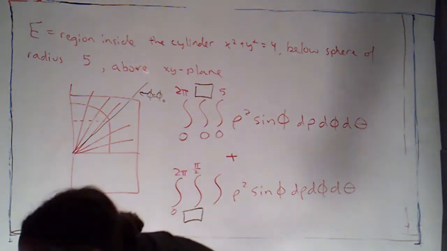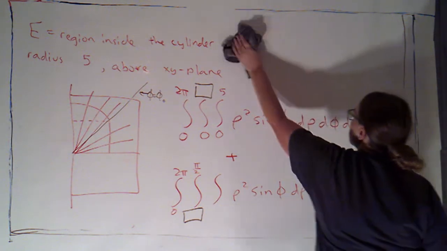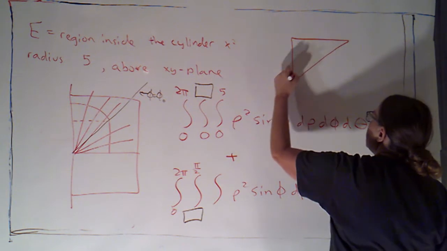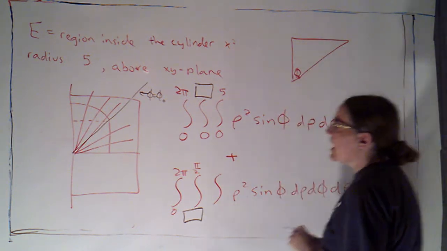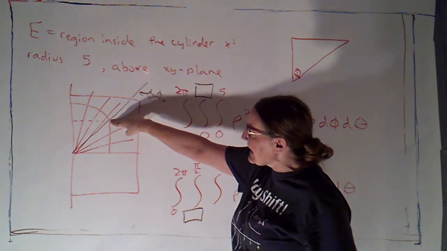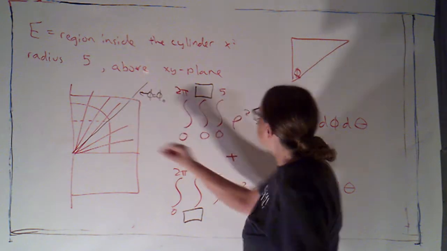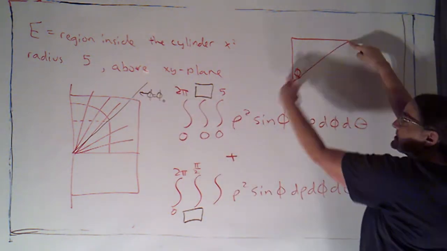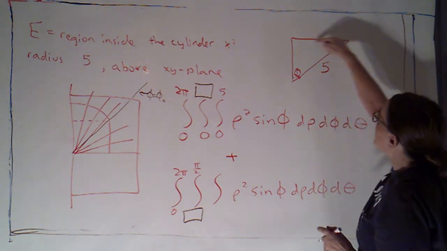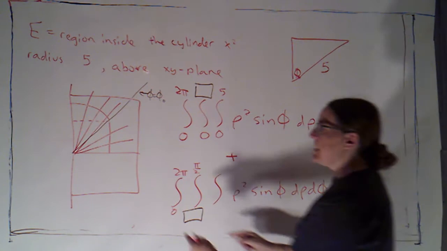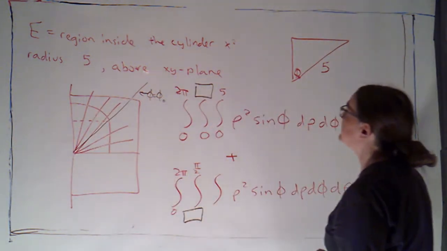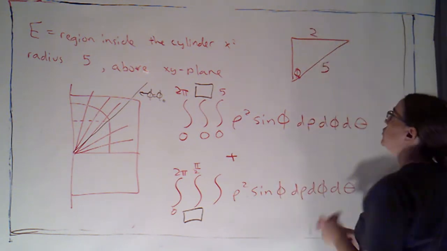Okay. So if I want to find that, I'm going to look at this picture here. If here's phi naught, I know that this point is on both the cylinder and the sphere. Now, if it's on the sphere, this is a radius of the sphere, so this is 5. I also know this distance because that distance is the radius of the cylinder, and this was the cylinder of radius 2.